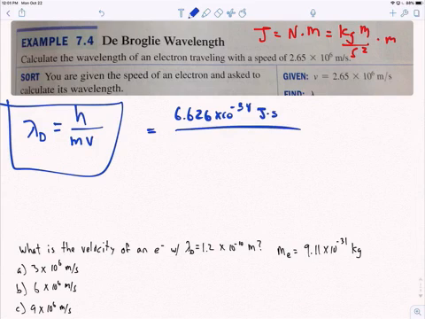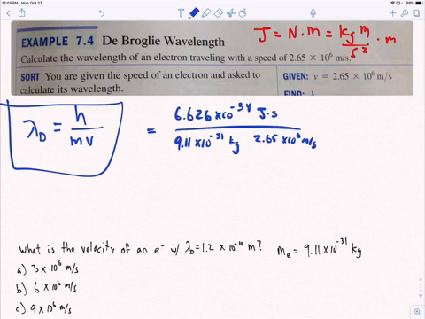The electron mass is 9.11 times 10 to the minus 31 kilograms, or 10 to the minus 28 grams, maybe you've seen it that way. But in kilograms, then velocity 2.65 times 10 to the 6 meters per second.